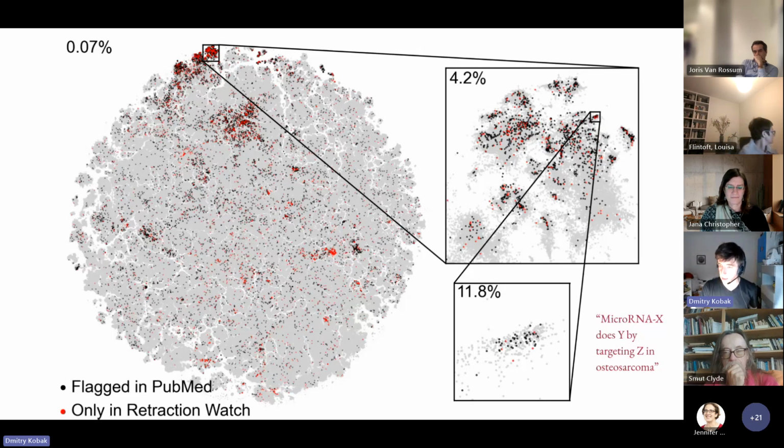All of these papers are like that. The titles were not taken into account, but the abstracts are also similar. That's why they form an island, and out of them, 11.8% have been retracted. The rest has not been retracted.